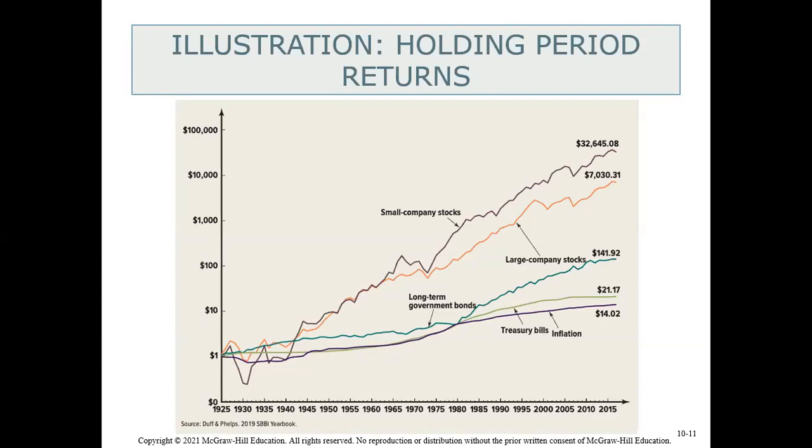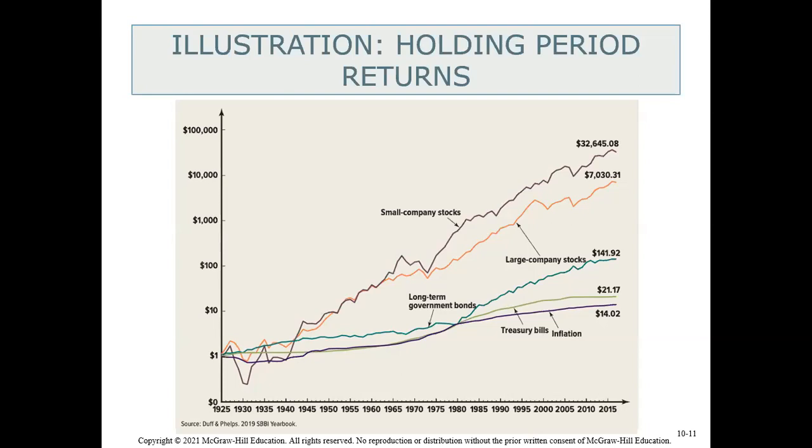If you invested $1 in large company stocks, it would be worth $7,030.31. If you invested it in long-term government bonds, it would be at $141.92.